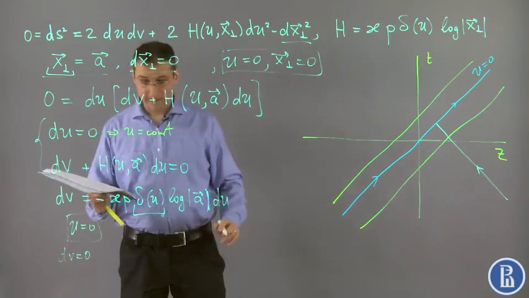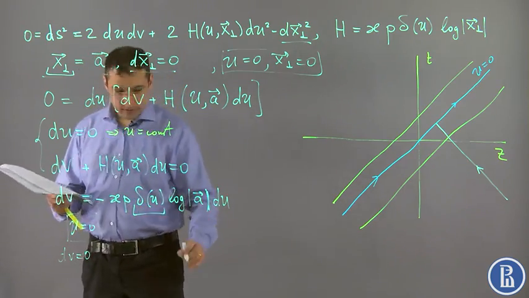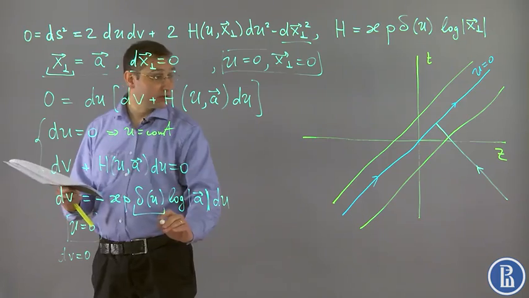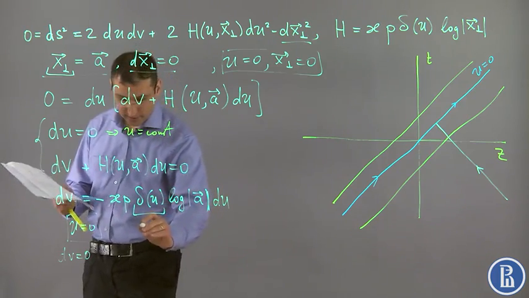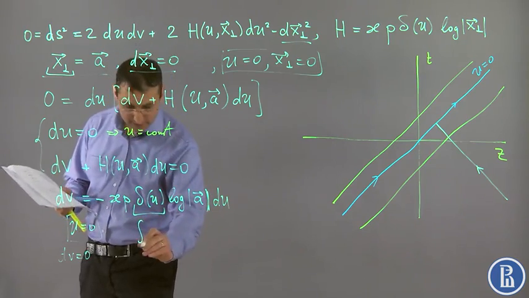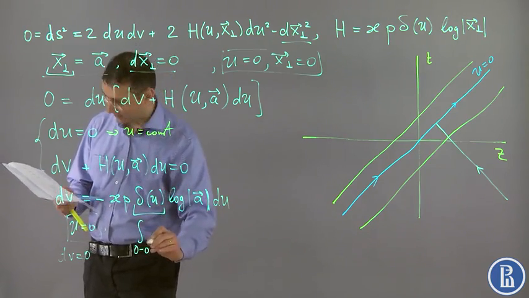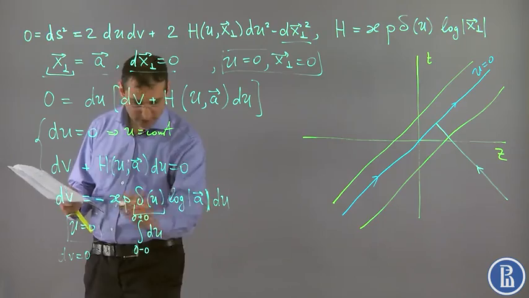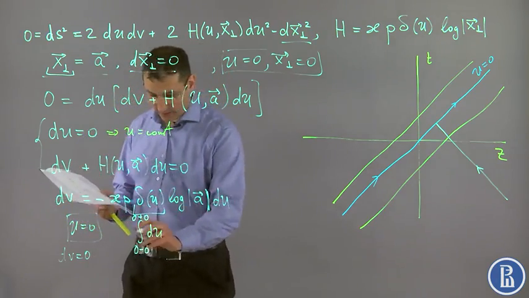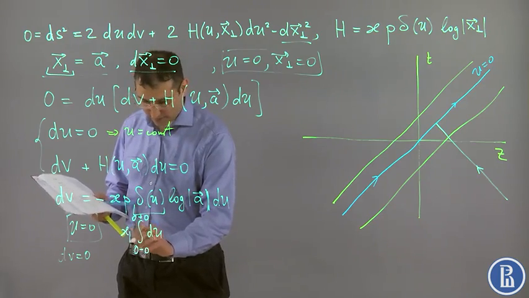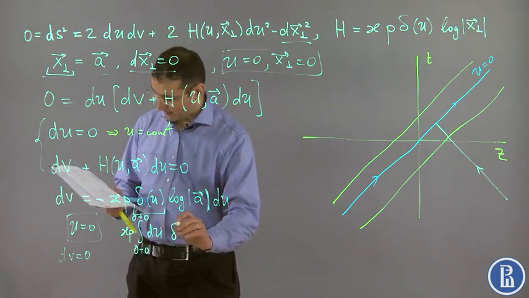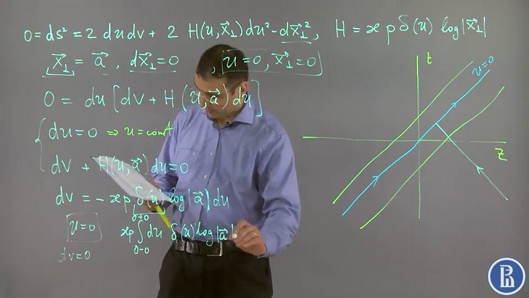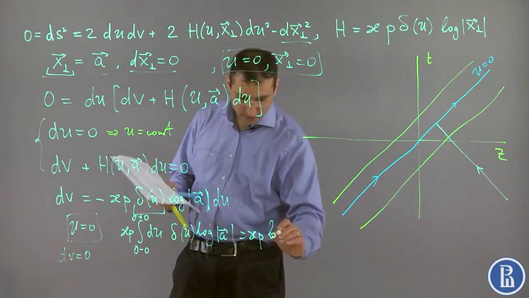Then, at u equals to 0, the particle experiences the shift along the v direction, because the integral from 0 minus to 0 plus over du of this expression, kappa p delta of u log of a, is just kappa p log of a.